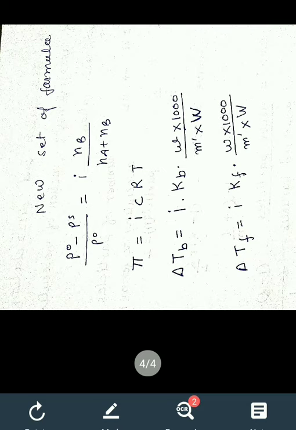If you do not feed the correct values in the calculator, you may be committing very silly mistakes which are not expected to be done, especially when you're talking about your board paper. So if you keep practicing, there are certain minute things which you will be able to understand, how to use different values, how to use powers, and how to modify the formula.